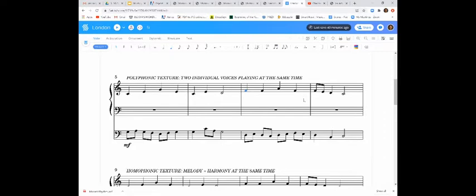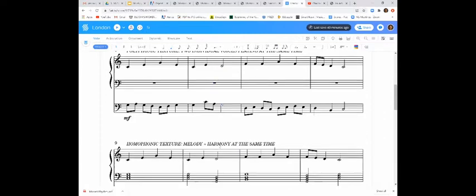So, like Row, Row, Row Your Boat, and then you continue singing the song, and someone else comes in two measures later, et cetera. So that's the same melody played at different times. So you get what I mean. In this example, I do have two different melodies played at the same time.